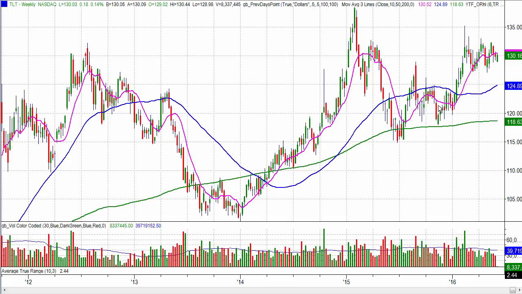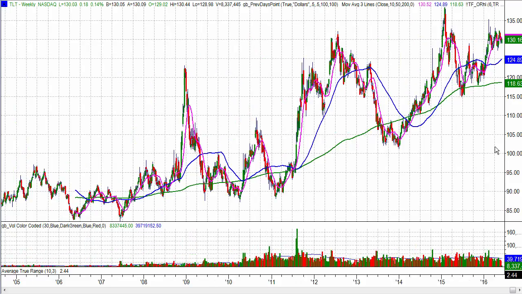So let's take a look at the weekly picture of TLT, and to me this is where it really gets more interesting. This is the same area that we were just looking at, except on a weekly basis.